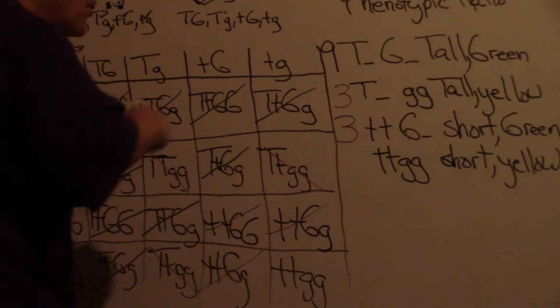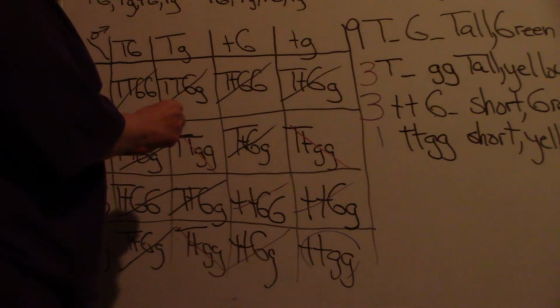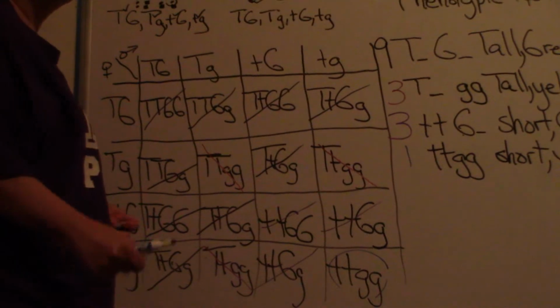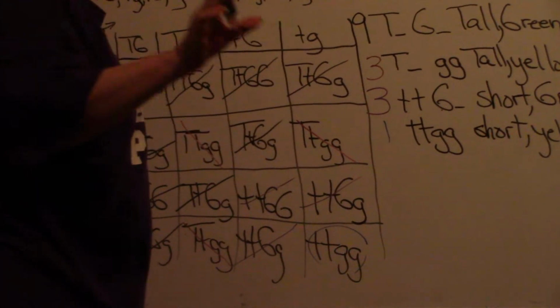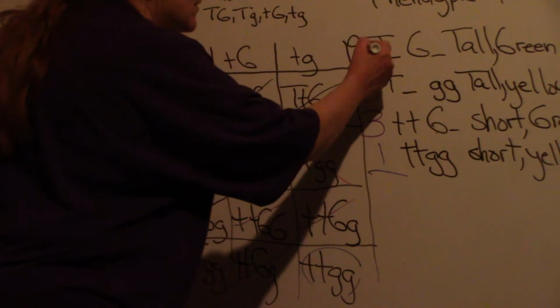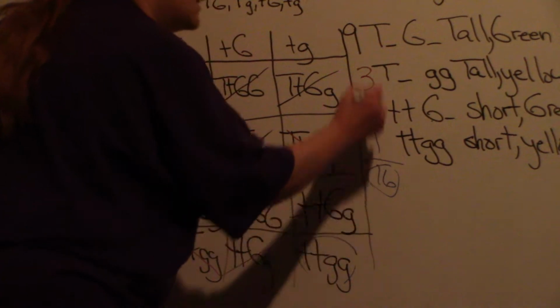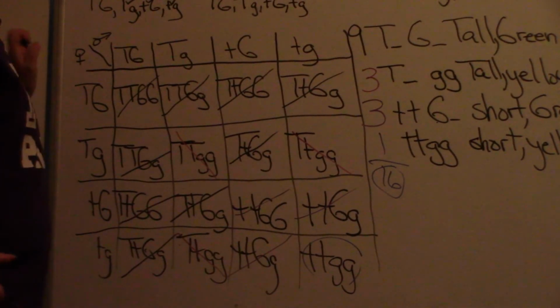There's one left, down here. Now there are 16 squares here. A good way to make sure that you have the correct number is to add these. 12, 15, 16. So yes, indeed, I have 16 here.